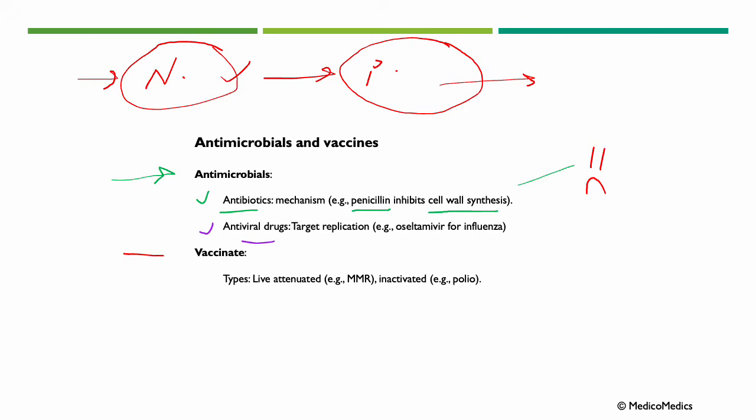Another approach we have is using vaccines. We have live vaccines like the MMR vaccine, and MMR here stands for measles, mumps, and rubella. And these live vaccines contain weakened pathogens to stimulate immunity without causing disease. So you take a little bit of this pathogen and put it in the body, enough to stimulate our antibody production.